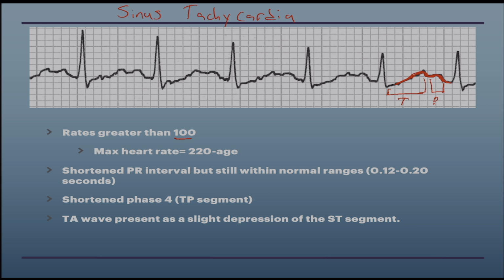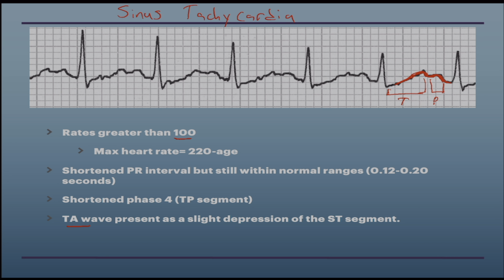So in tachycardic rhythms, if you're thinking sinus tach, it's important to look for P waves that may be superimposed into the preceding T wave, especially if the TP segment has been shortened so much that you can't differentiate it. Something else to look for and keep in mind with a sinus tachycardia is something called the Ta wave.